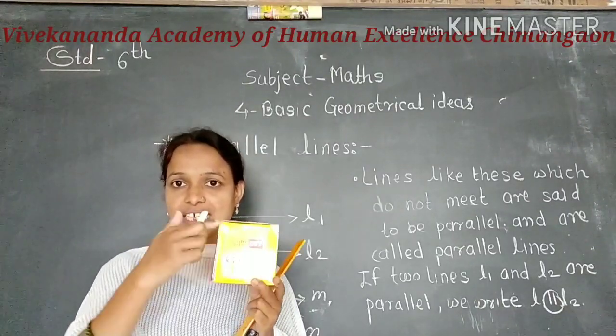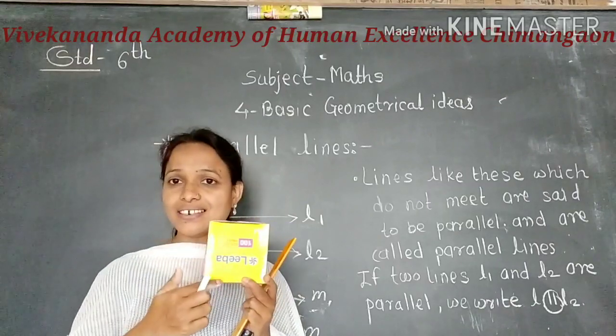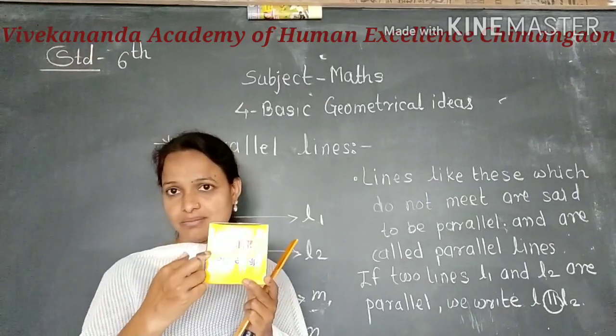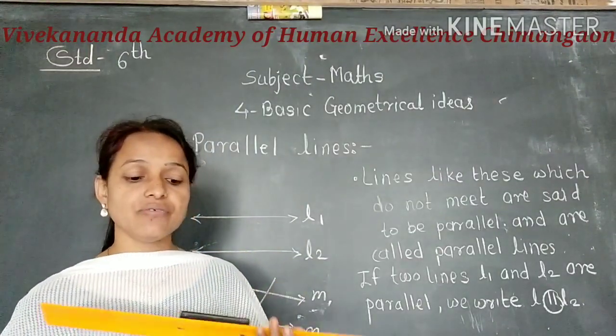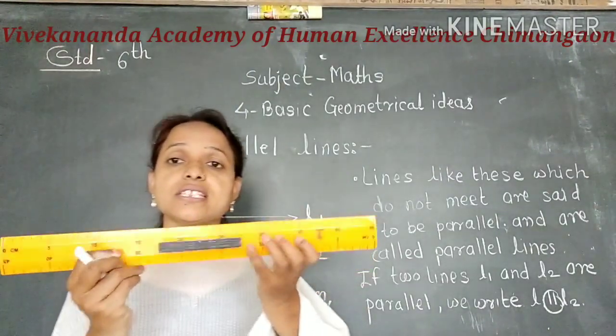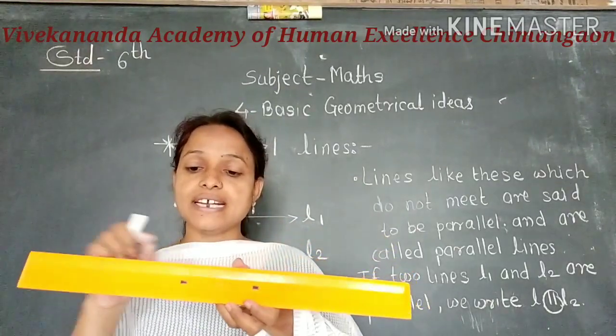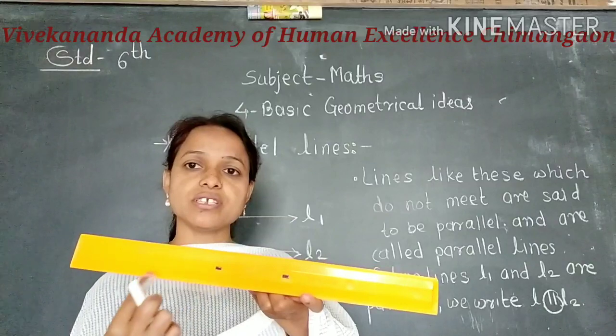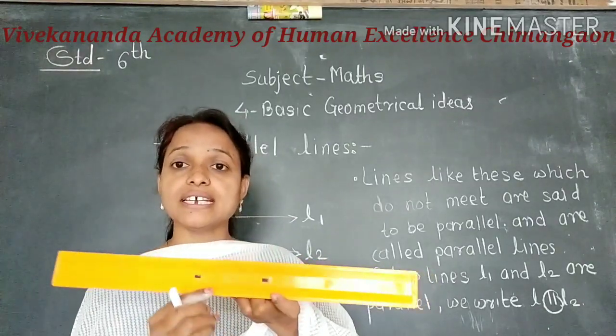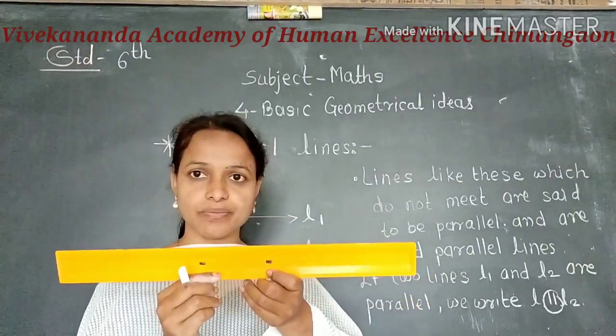In the same way, these two, horizontal as well as vertical, are parallel to each other. As well as, if you see this scale, opposite edges of the ruler are also parallel to each other.